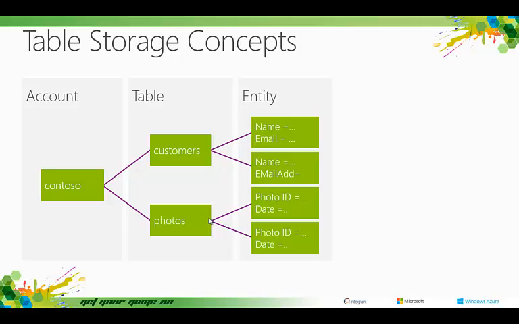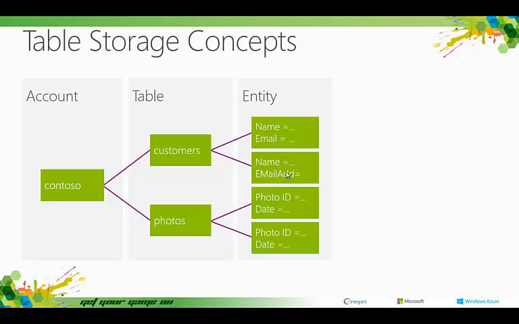So no structure of the data itself, which is a very popular sort of NoSQL subset of storage methodologies out there, and this fits in nicely with those. So you're going to have inside your account one or more tables, and then inside those tables you'll have one or more entities. Now your entities need to have a partition key and a row key, basically a primary key.